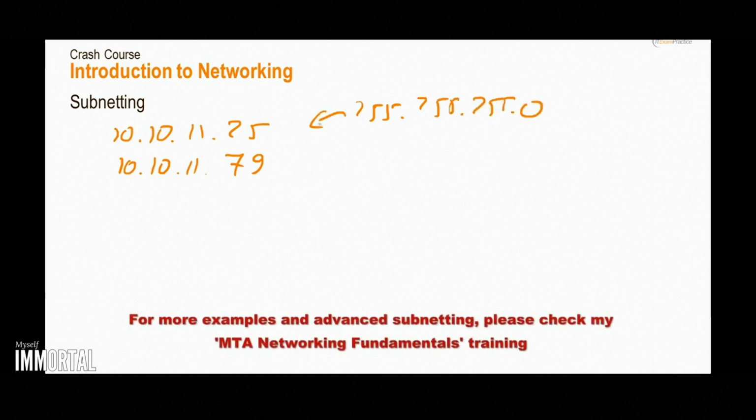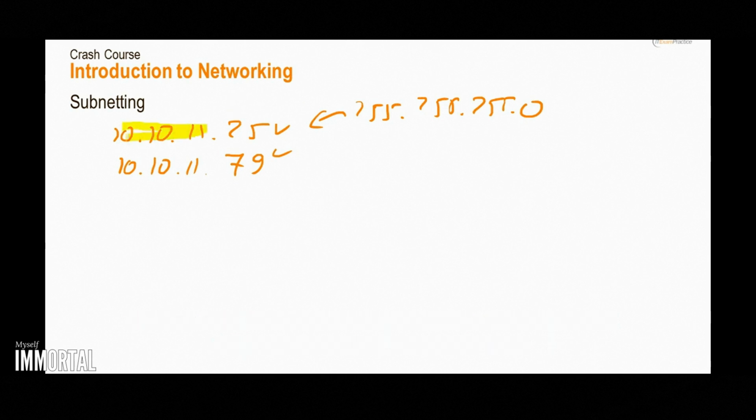Are they on the same subnet? The answer is yes, because the first three octets have to match. That's an octet, right? 255.255.255.0. I hope it's okay. If not, please make sure you watch my previous video.